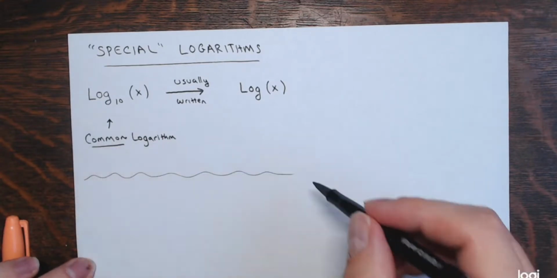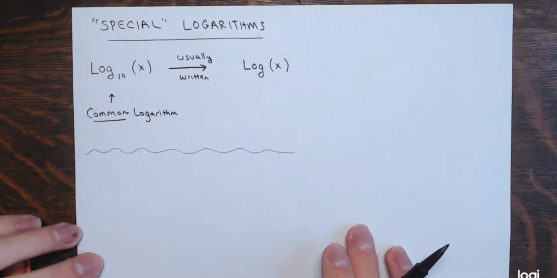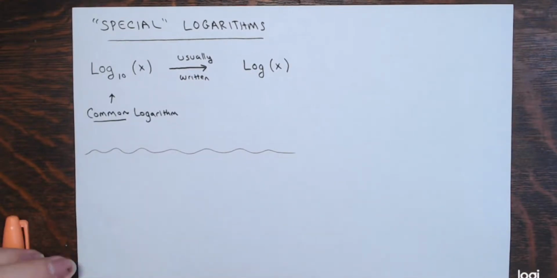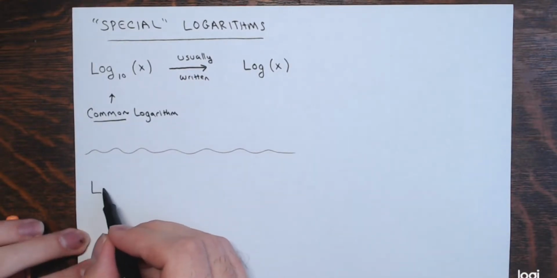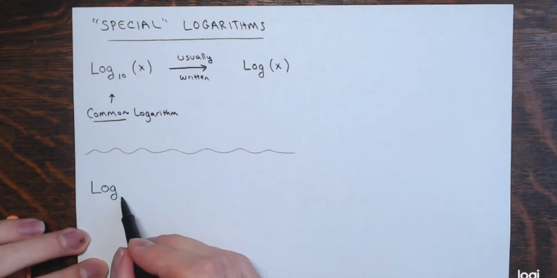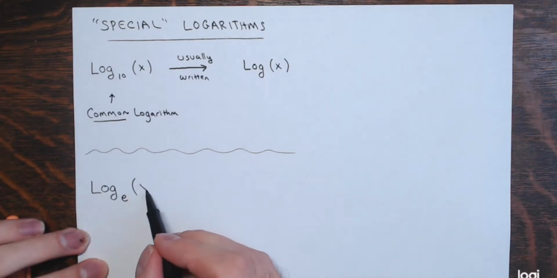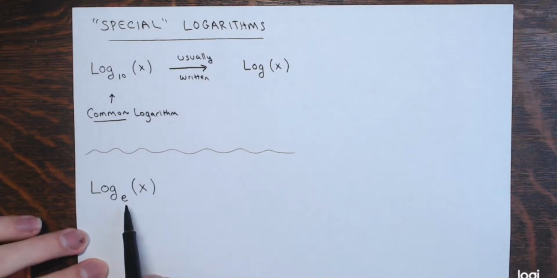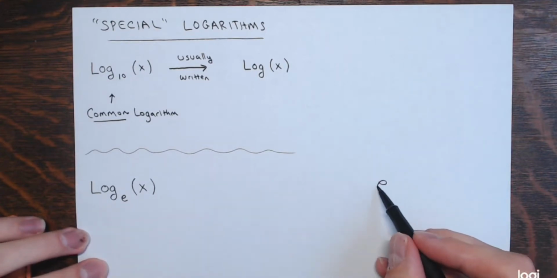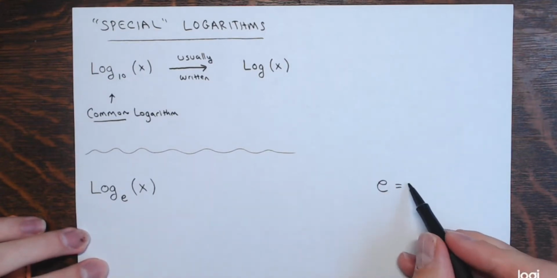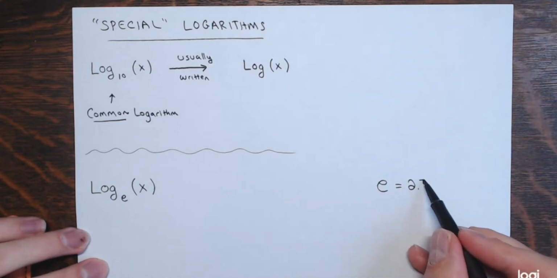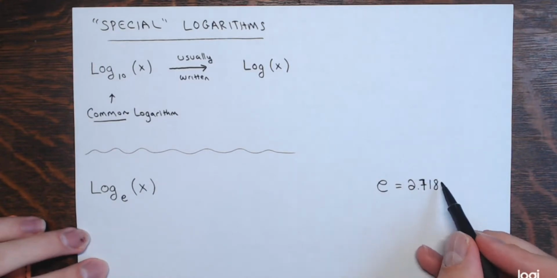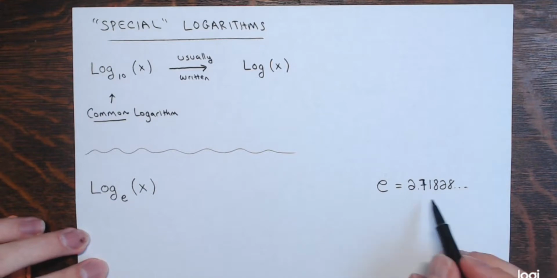All right, and then the other kind of special logarithm that you'll come across, like on calculator buttons and stuff, is the log base e. Now hopefully you recall from an earlier video, e is that number 2.71828. Right, it's 2.7 something.